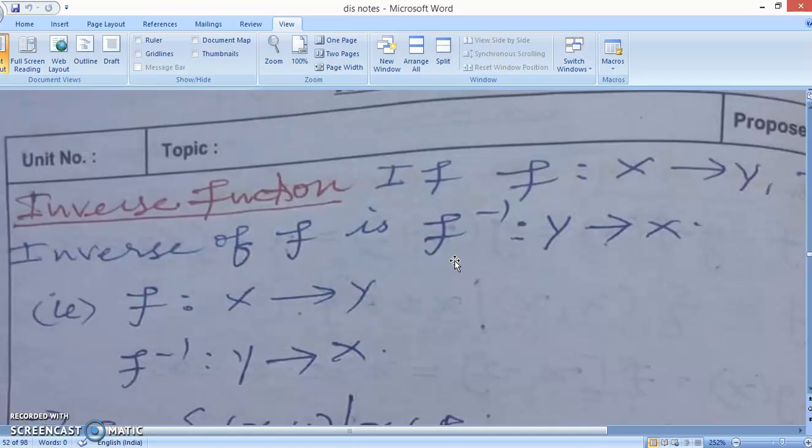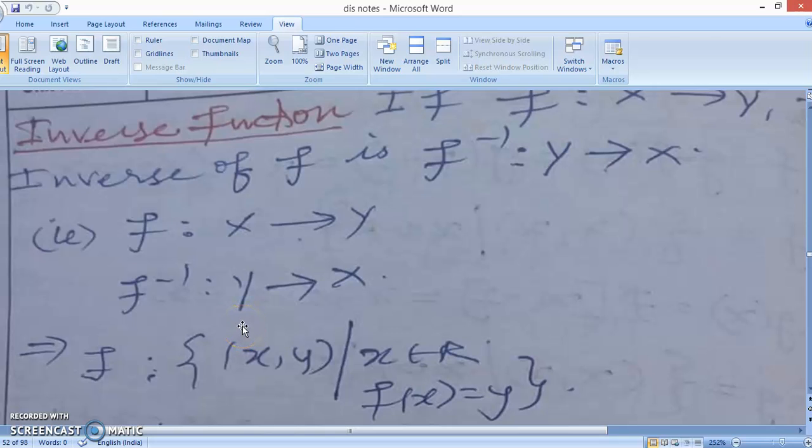Am I correct? The pre-images make one function from the codomain, and that particular function we call the inverse function. Take for example, if f is a function from the domain X to the codomain Y, then f inverse is the function from Y to X.